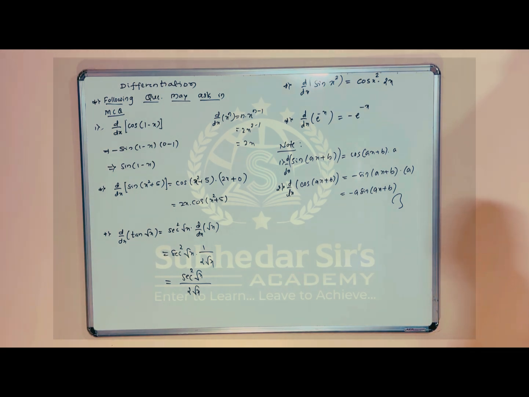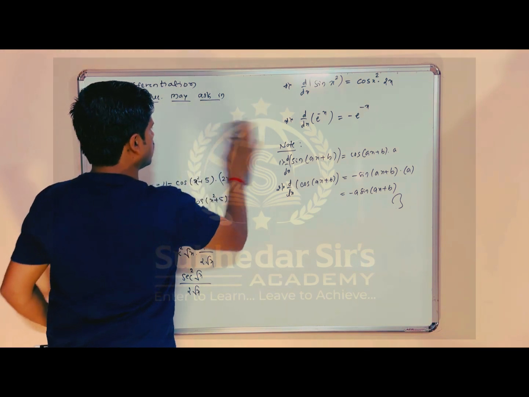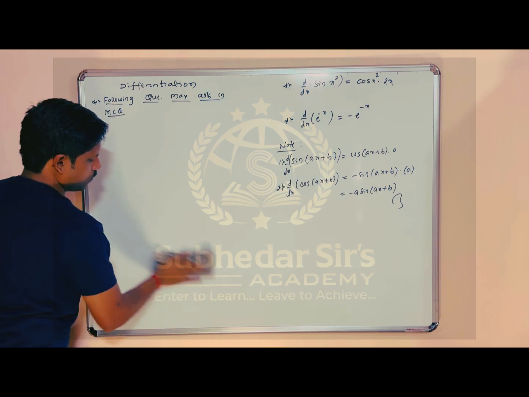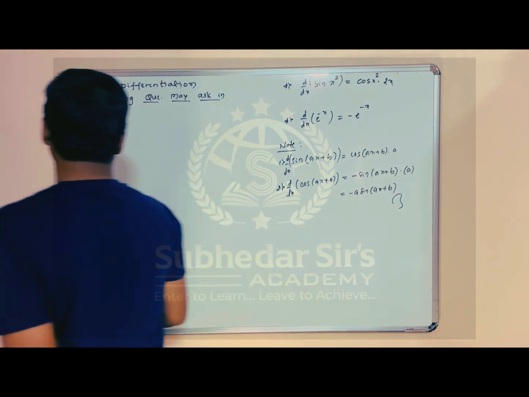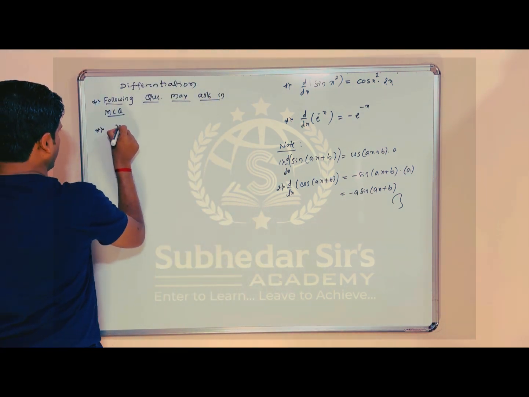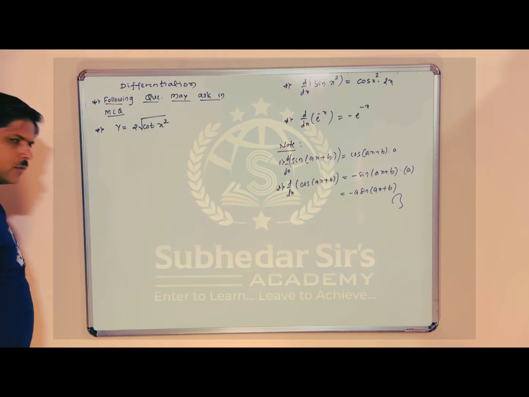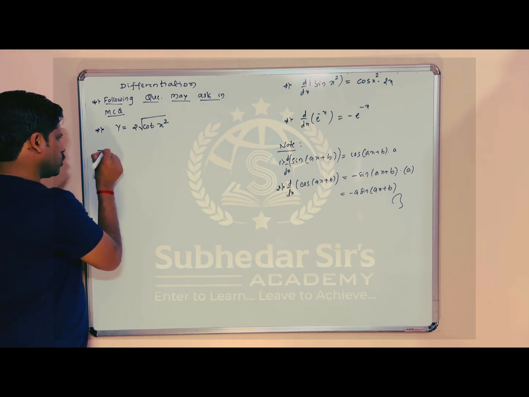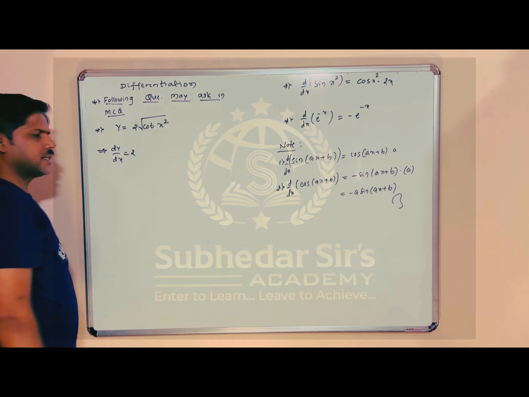We'll solve some examples on this one. So if y is equal to 2 into square root of cot of x square, now differentiate this function. This may come in MCQ. Okay, so differentiation of y is dy by dx. 2 is constant, keep it as it is.